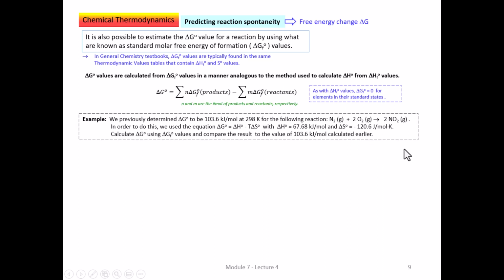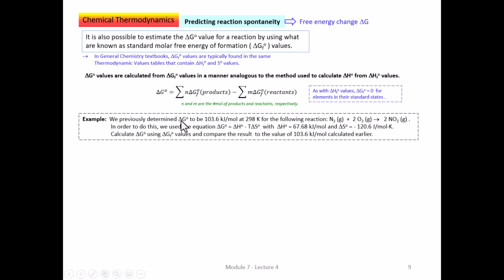Now, we previously determined delta G to be 103.6 kilojoules per mole at 298 K for the reaction of nitrogen and oxygen to form nitrogen dioxide. Remember, delta G is positive here, and this is predicted to be not a spontaneous reaction.